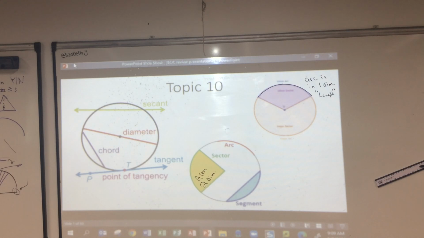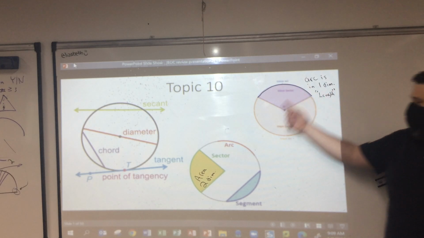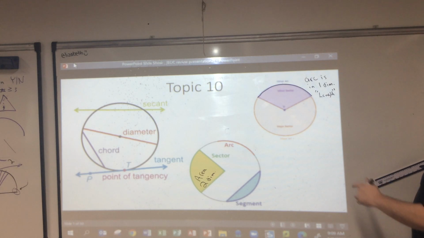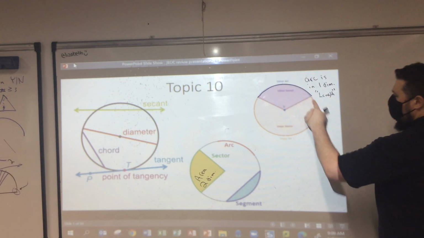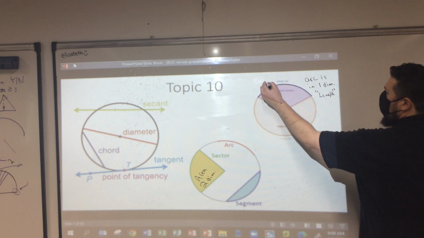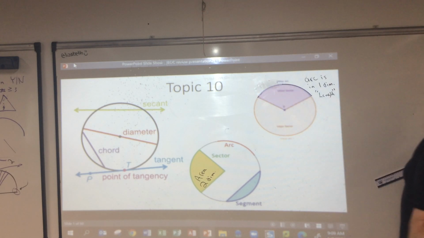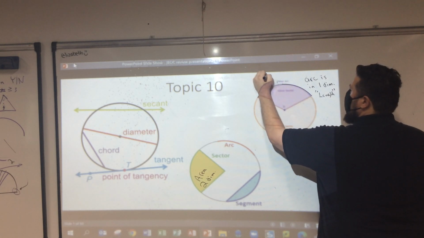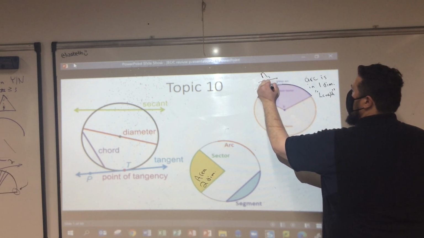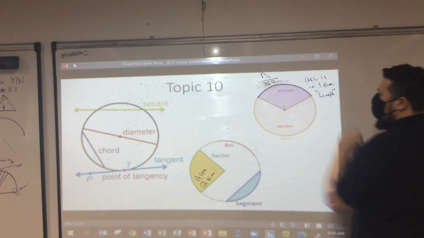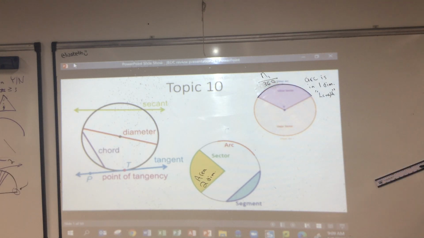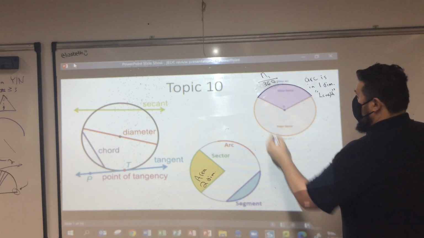So Bree, the difference between a minor arc and a sector is, a minor arc is just the smaller part of the circle, right? This is n over 360. Well, let's call this n1 over 360. That just means the first n that I'm looking at, right? This is 90.